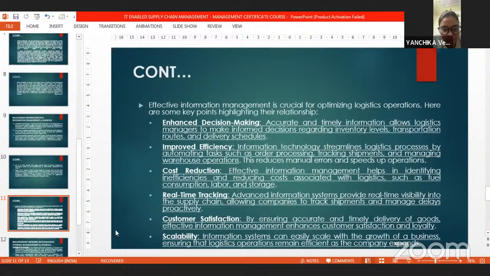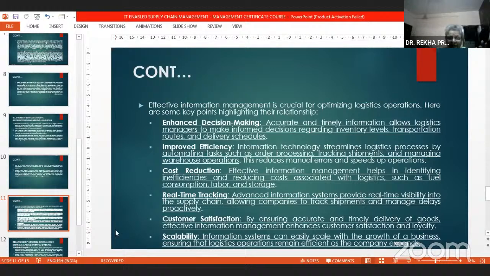Customer satisfaction. By ensuring accurate and timely delivery of goods, effective information management enhances customer satisfaction and loyalty. Scalability. Information systems can easily scale with the growth of a business, ensuring that logistic operations remain efficient as the company expands. So it is not that once the company expands, your logistics system becomes lethargic.